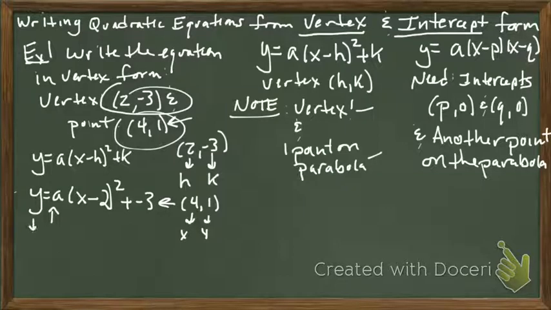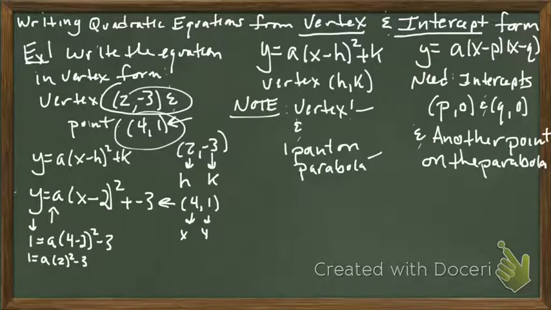If I substitute a 1 in for y, I'm going to get 1 equals a times, now x is really 4, so I'm going to do 4 minus 2 in parentheses squared, and then plus a -3 is just -3. Alright, so I'm going to have 1 equals a, 4 minus 2 is really 2, and then I'm going to square it, take away 3.